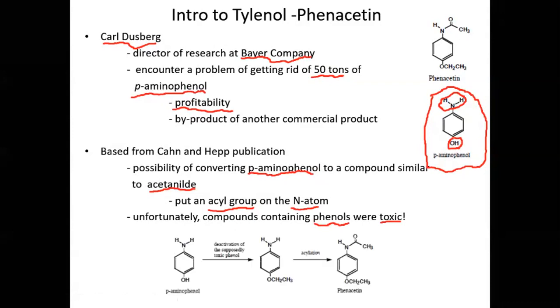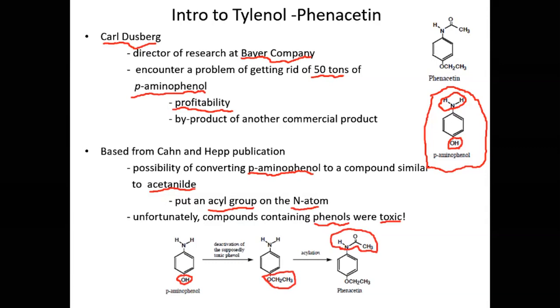So what they did is they took the para-aminophenol and first they changed the phenol to an ether group. So they made it into an ether, that way it was no longer a toxic compound. And then they acetylate the amine to make it an amide.